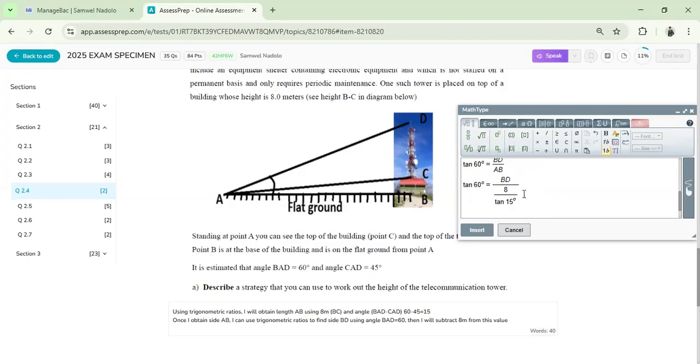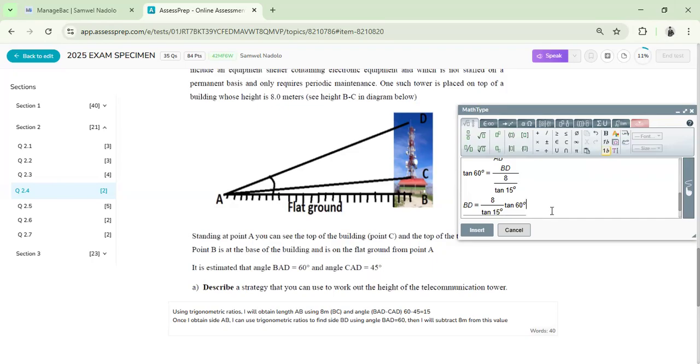So what do you do to get BD? You're going to multiply all this in the denominator with tan 60. So you'll have BD is equal to 8 over tan 15, times tan 60 degrees. You only need your calculator to do this.